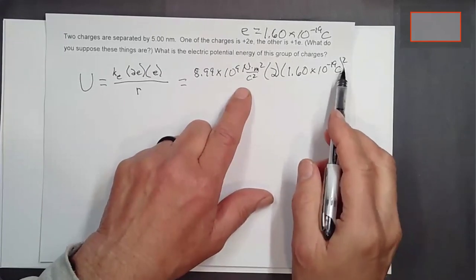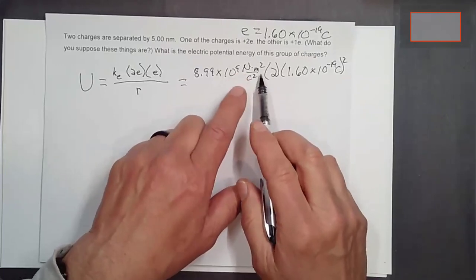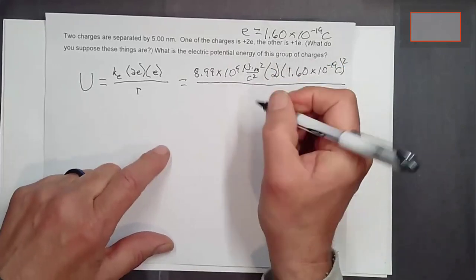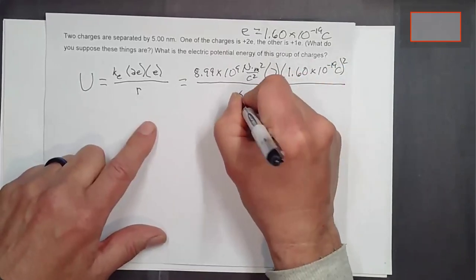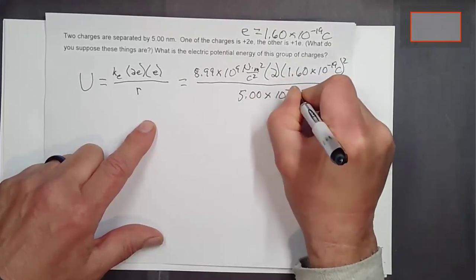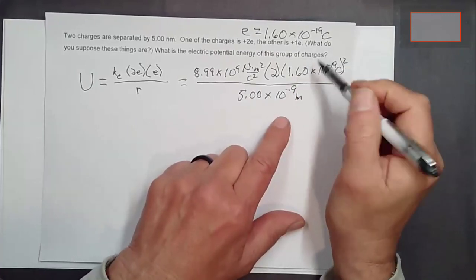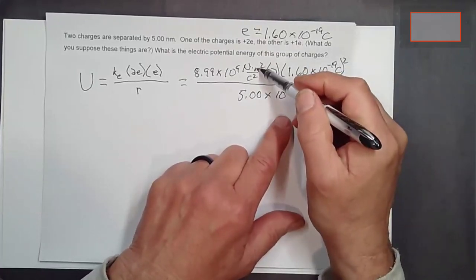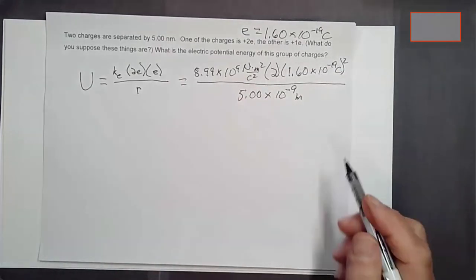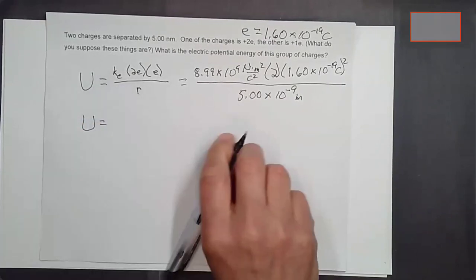This will give me coulombs squared, and I'll have newton meters squared there. But I divide by the distance between them, which is 5.00 times 10 to the minus 9th meters, or nanometers, and divide by one of those meters squared. So I'm left with newton meters, which are joules. And so that's the units we'll end up with here.